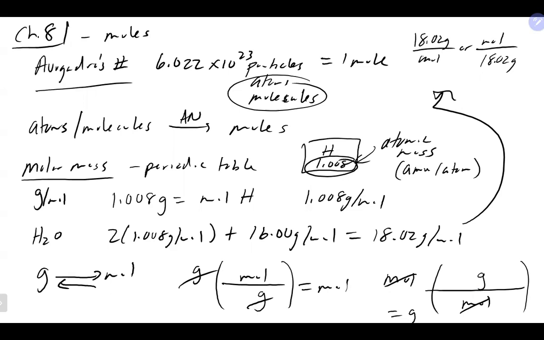Typically speaking, we go 4 significant figures off the periodic table when we use molar mass. The other thing that I think was in here was we also talked about percent composition by mass.